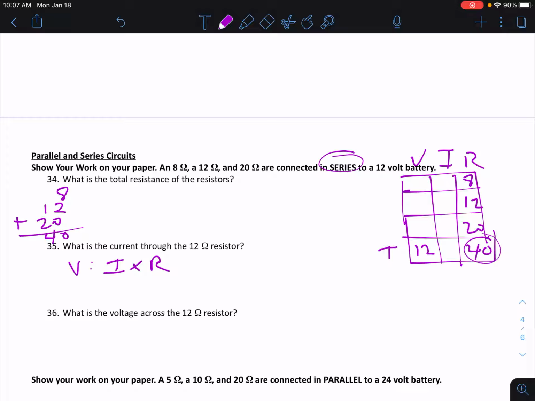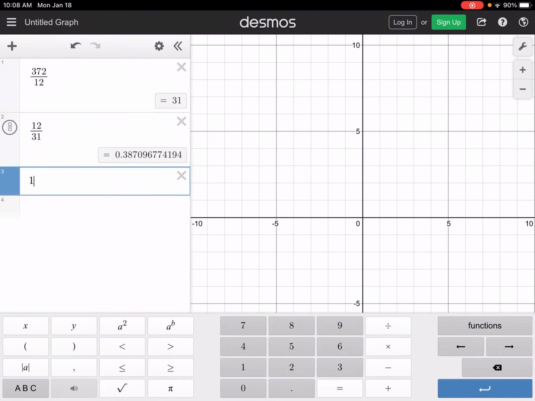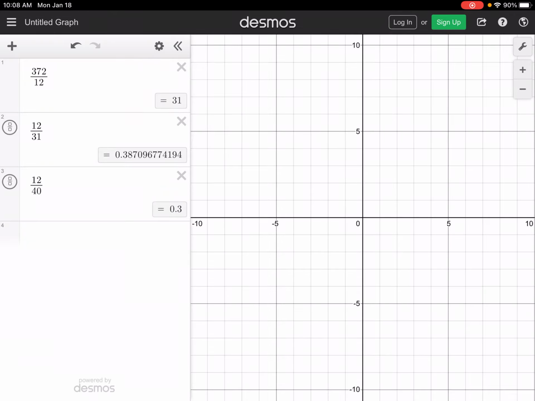So we use the total voltage, 12, equals the current we don't know times the resistance, 40. So divide both sides by 40. 12 divided by 40 gives us 0.3.